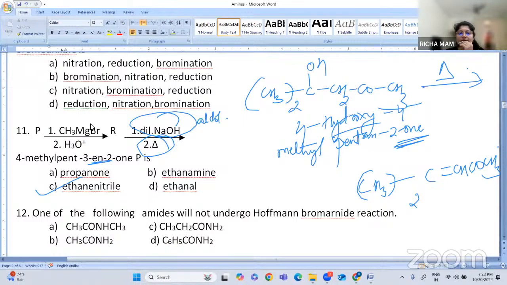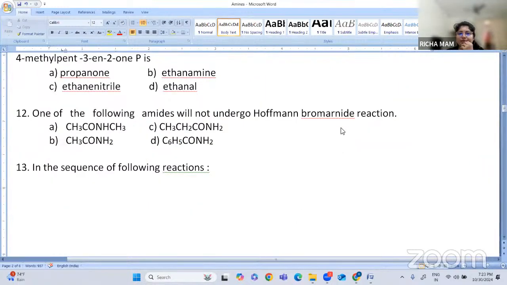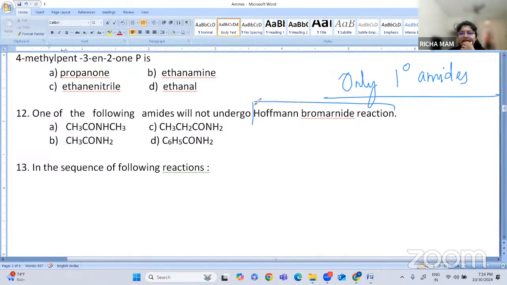One of the following amides will not undergo the Hoffmann bromamide reaction. Which will not undergo Hoffmann bromamide degradation? Only primary amides will undergo it, because you are going to get only primary amines. So in the Hoffmann bromamide degradation reaction, only primary amines are produced, by using primary amides.